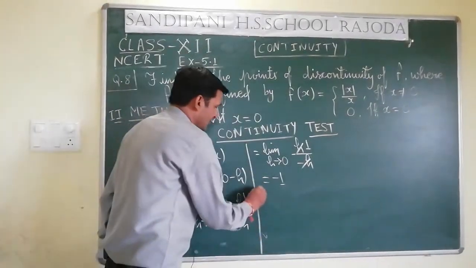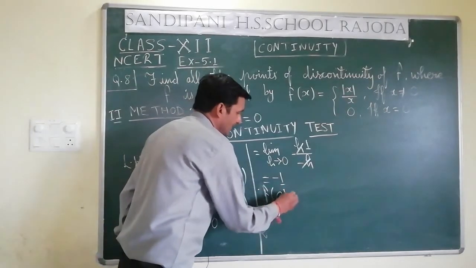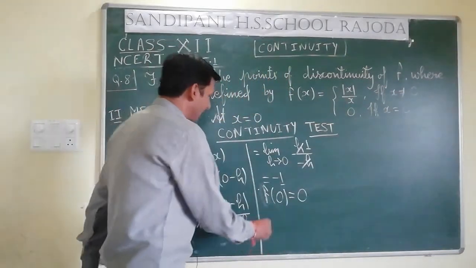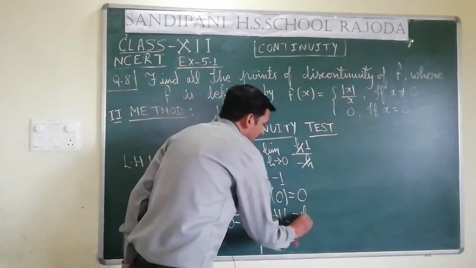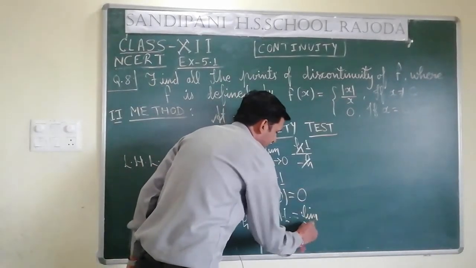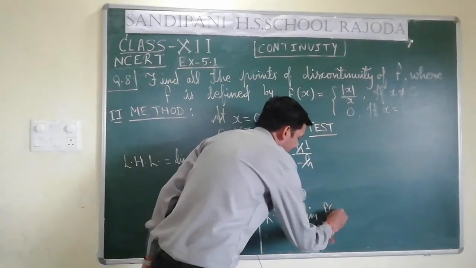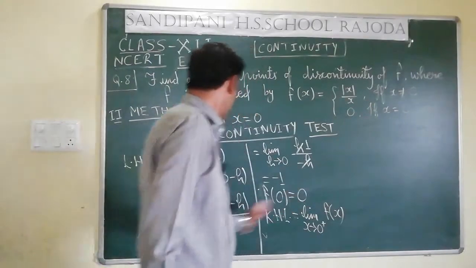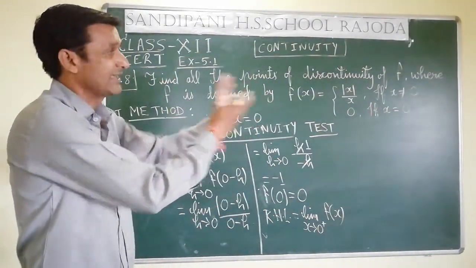Now, in case of f of 0, it is 0 only. In case of RHL, limit x tends to 0 plus f of x. If it is not equal to 0, means it is left hand side, 0 minus means less than 0.